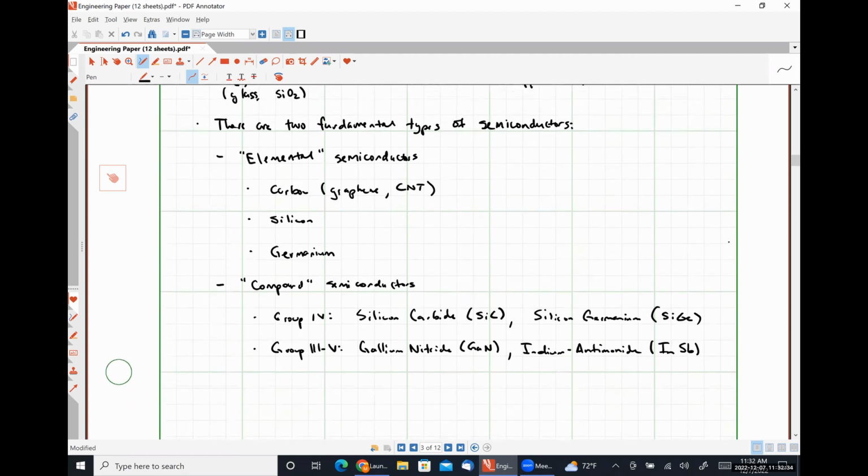There are others. And then we could have group 2-6. So this would be like zinc selenide, or cadmium sulfide, CdS. And there are others, and we could go on and on.